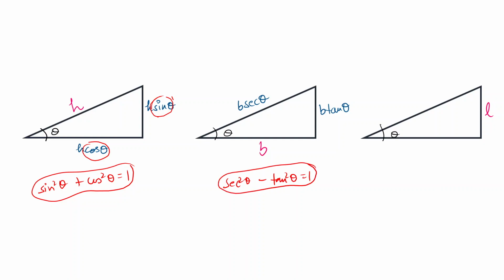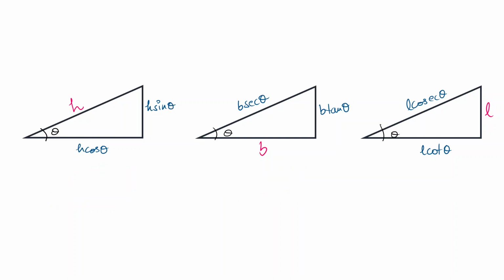And the third one, I think you remember from high school or not, cosec square theta minus cot square theta is going to be 1. So here you will get these two trigonometric ratios. For hypotenuse you will get L cosec theta, and for base you will get L cot theta. So if you know that, then you can feel the other proof is not so difficult.